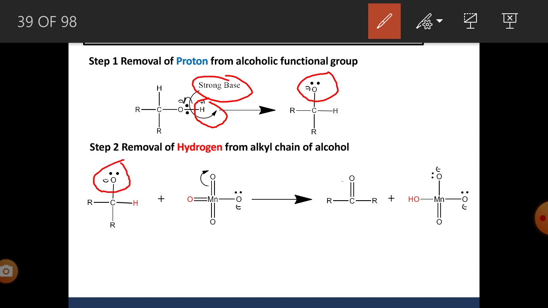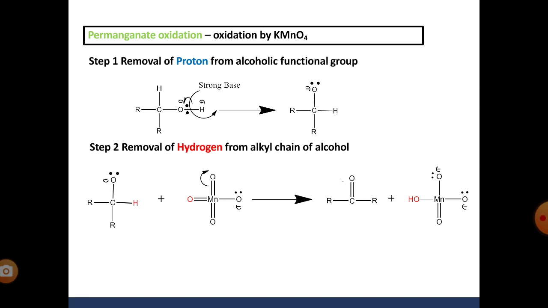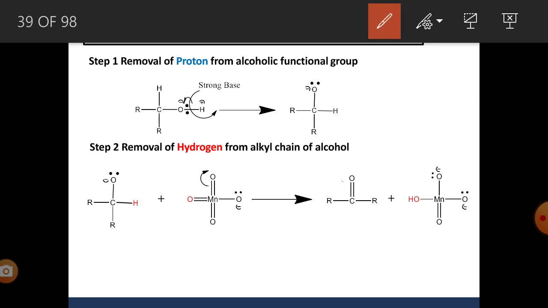This electron rich oxygen then donates its pi pair here, and there is formation of the ketone. Again the mechanism is the same. This hydrogen gets attached on this oxygen.